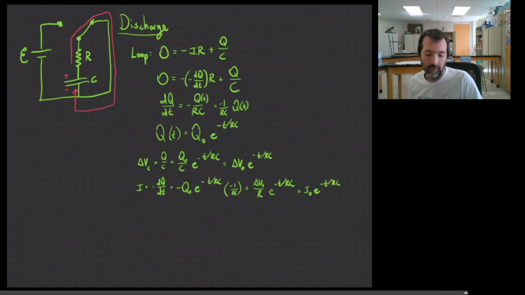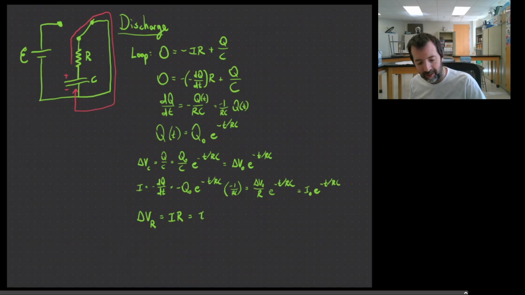So hopefully you are seeing a pattern here that basically everything has the same function. The one difference would be if I was interested in the delta V for the resistor. Delta V for the resistor is I times R. And, oh no, that's the same thing also, because I is the function I just got.